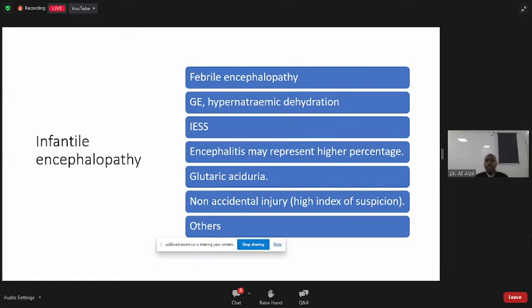Moving to the second common etiology for encephalopathy in infants, gastroenteritis with dehydration, which is common in Sudan in our setting, and usually presents with electrolyte disturbance, specifically sodium. Either hypernatremic or hyponatremic dehydration is very important to consider, because it is a very important electrolyte for us as neurologists.